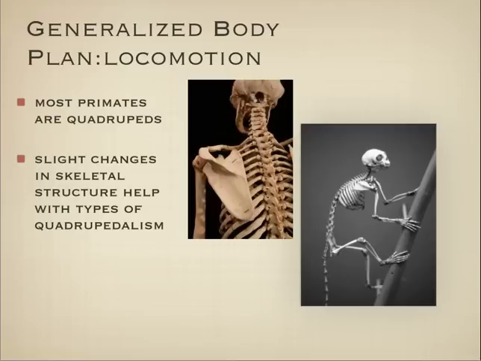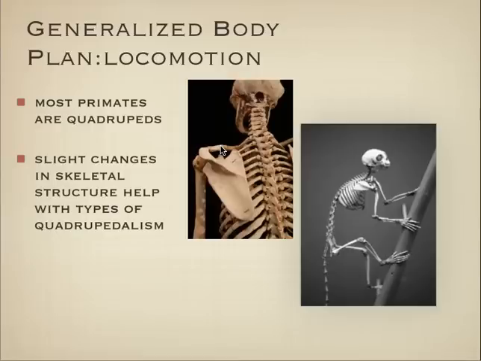Now, with this generalized body plan, there are slight little tweaks here and there that allow us to operate better in some environments than others. For instance, most primates are quadrupeds, and in quadrupeds we see a shift in the location of the scapula. The scapula is this flat, kind of wing-like bone on your back.